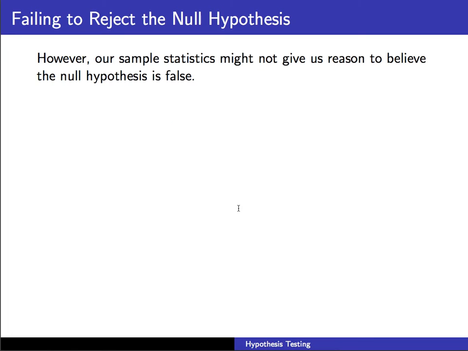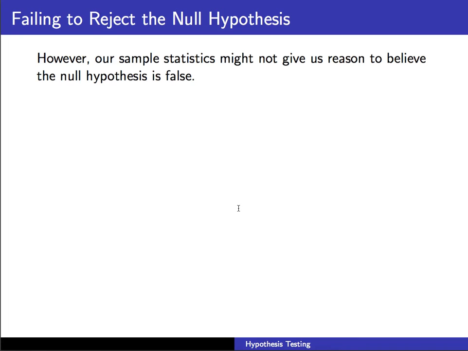Now, failing to reject the null hypothesis, again, we're not accepting it, we are just failing to reject it. Our sample statistics might not give us reason to believe that the null hypothesis is false.